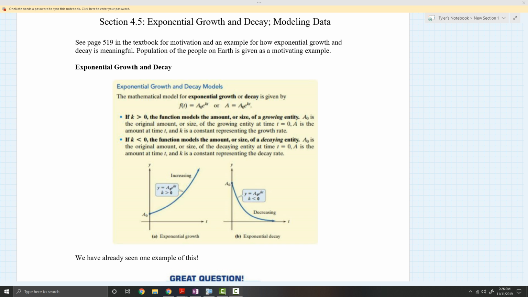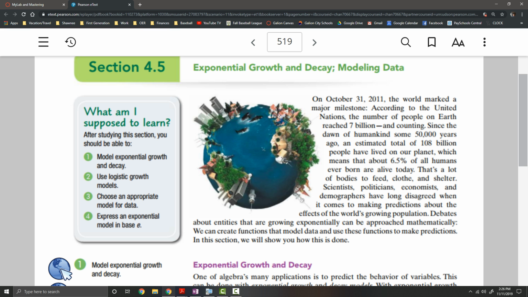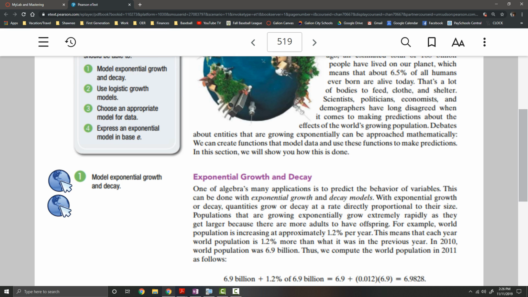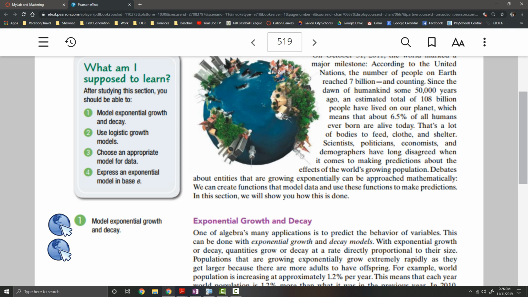I didn't include the motivational example in this section, but if you'd like, I made a note here that if you go to page 519 in the textbook, this is a good read. It gives you a motivational example of exponential growth or decay.